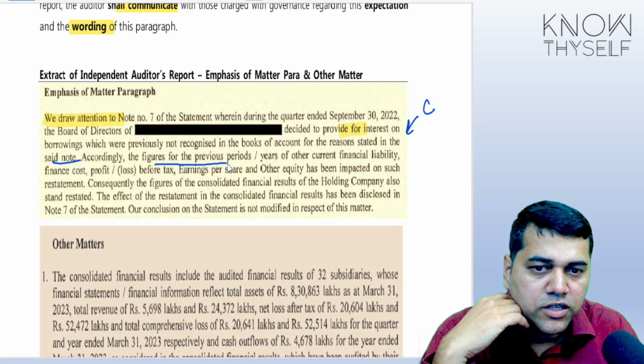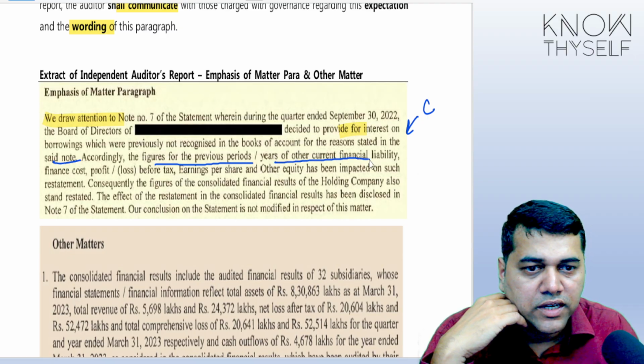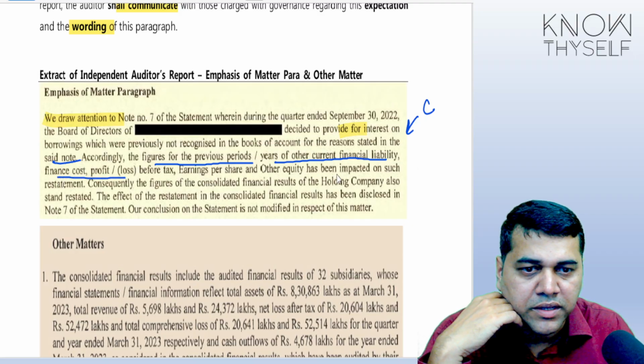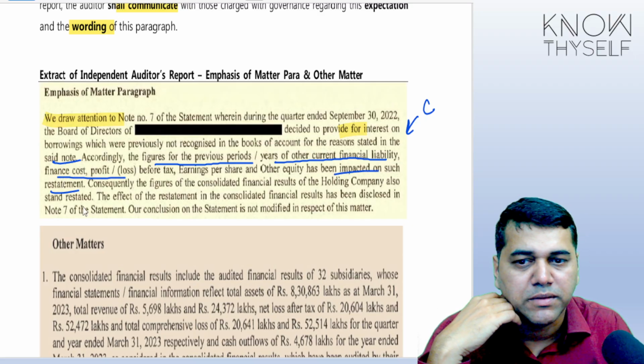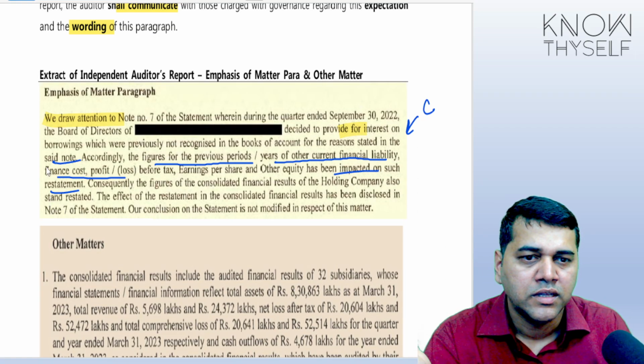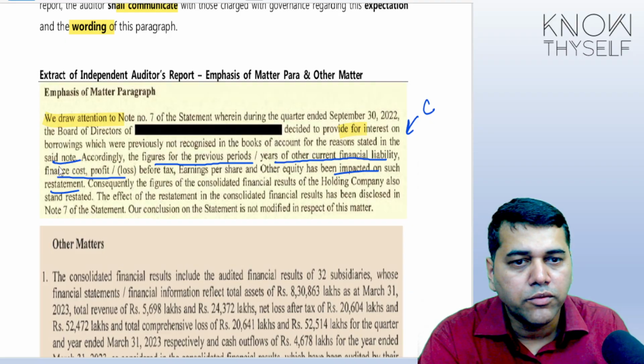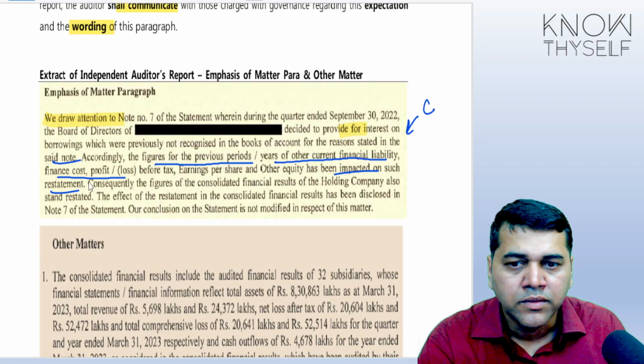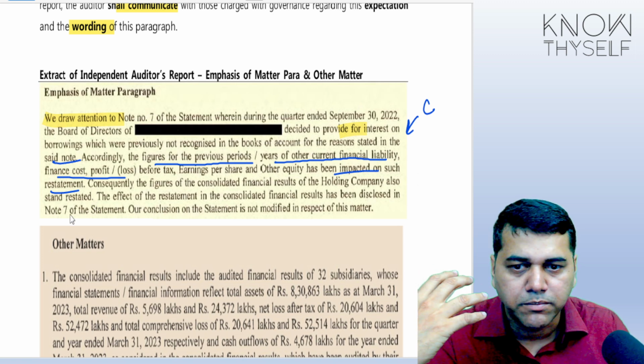Accordingly, the figures for the previous period and years of the current financial liability for the profit and loss before tax, earnings per share have been impacted on such a restatement. That means some restatement has happened. They wanted to provide for interest on the borrowings with the restatement.